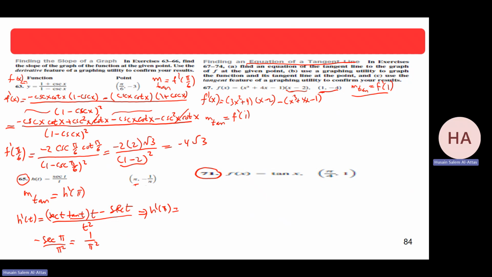So that will make it 3x squared plus 4 times x minus 2, minus the derivative of this, which is 1, times x cubed plus 4x minus 1. Actually, I can find m tangent, which is f prime at 1, since it's only substitution, that will make it easier. I have 3 plus 4, 7, minus 2 times minus 1, minus, minus what?